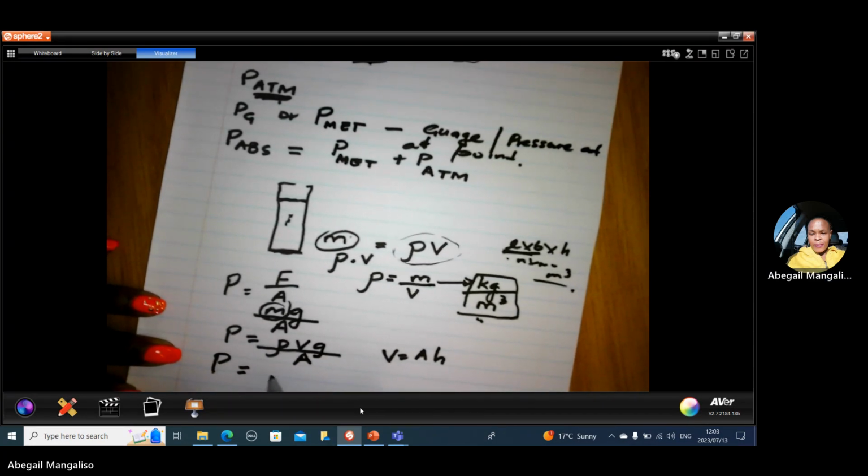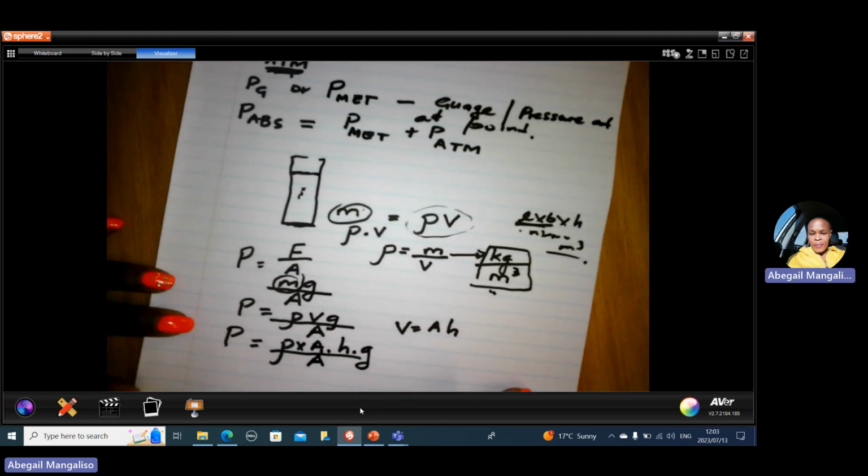Now, this will be density multiplied by area multiplied by the height, divided by an area, and multiplied by the gravitational acceleration.